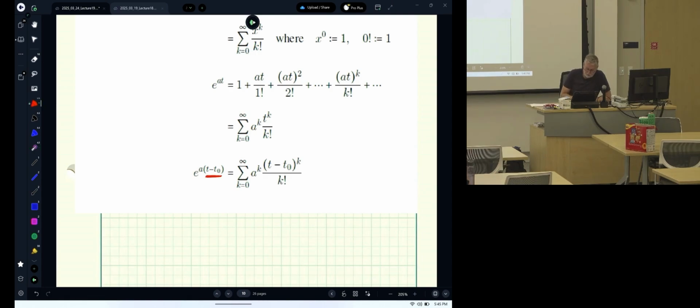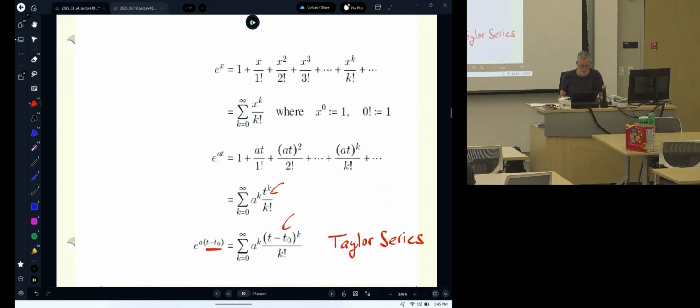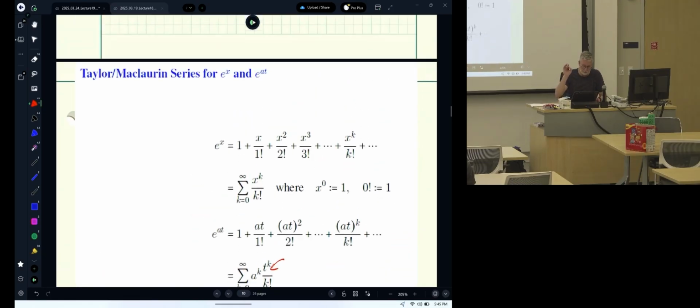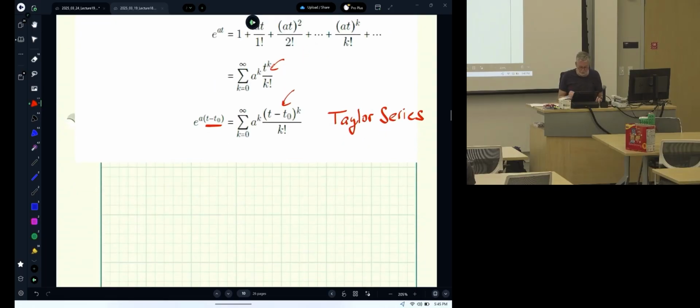I don't have to put t in there. I can put t minus t0. So I just replace t with t minus t0. So that's the Taylor series for the solution to a first-order scalar linear differential equation, x dot equals ax. Okay, so that's just that.